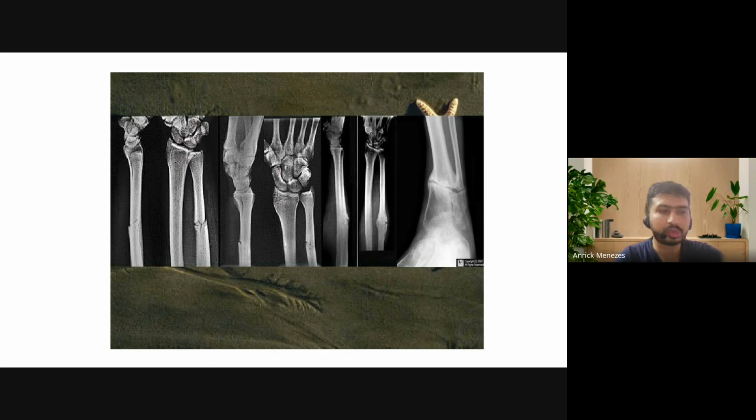So what could be the risk factors? What could be the risk factors that could lead to delayed union? Can you put it in the chat box? Risk factors for delayed union: infection, very good.